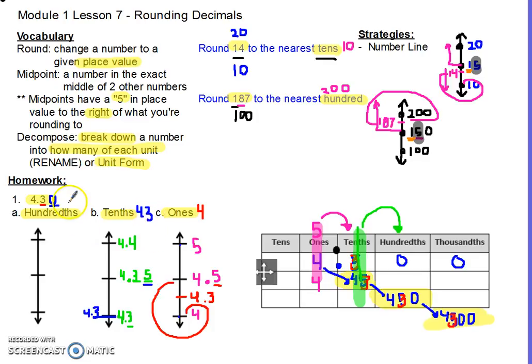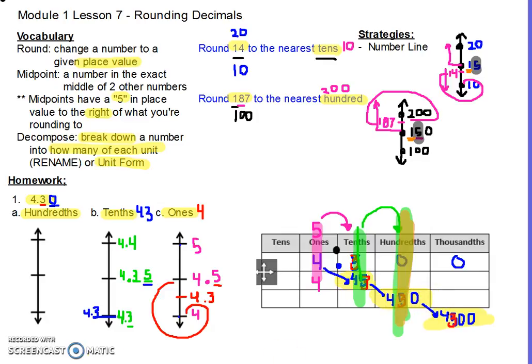All right, hundredths. We are going to ask ourselves, which of these decompositions would be the best to use? And I am going to be here in the hundredths column. Let's use a different color. And my number in the hundredths column is 430 hundredths. So I would come over here to my place value chart.